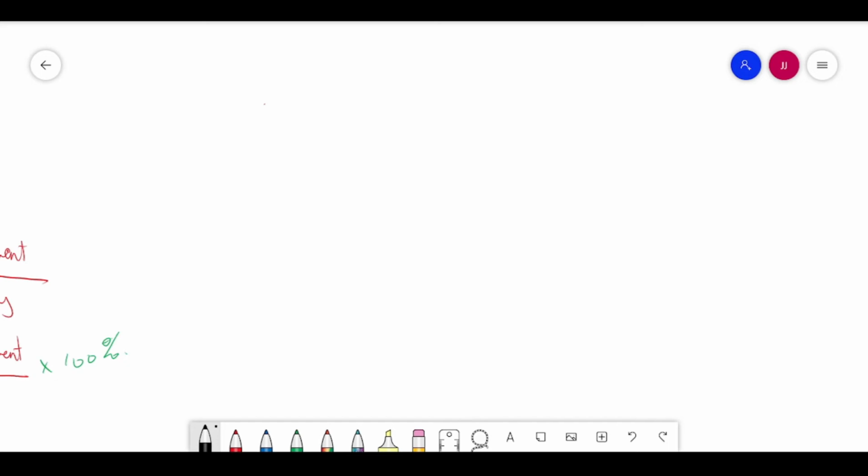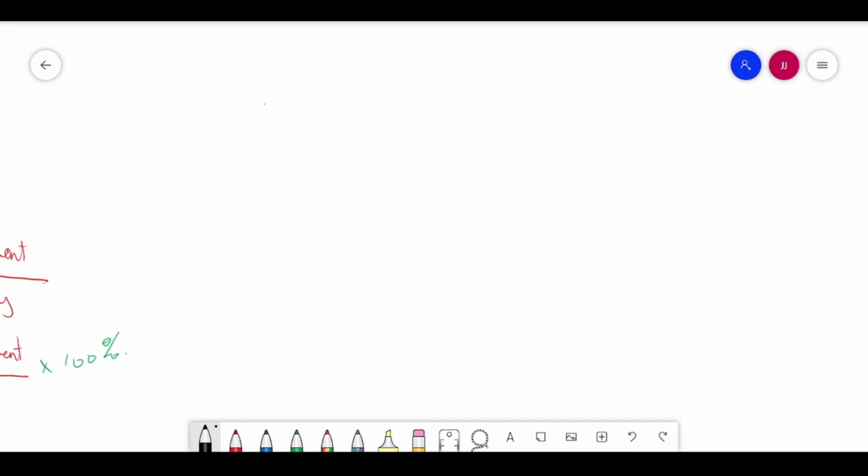This question asks to construct a frequency table for a given set of scores. Because I can't take the whole question and put it on the board, I will basically summarize it in the form of a table.